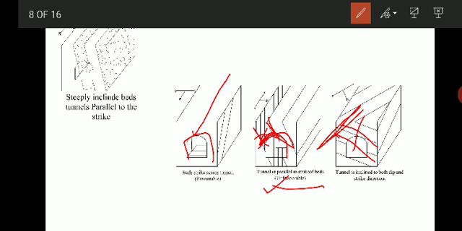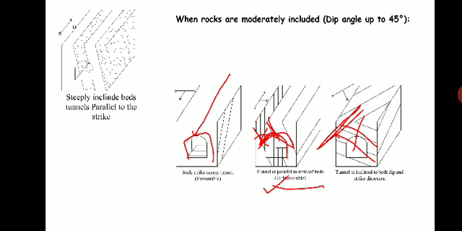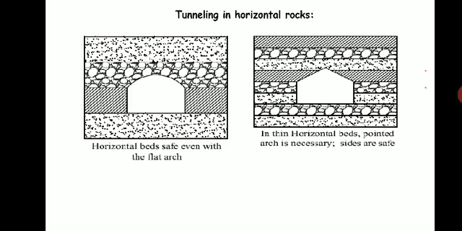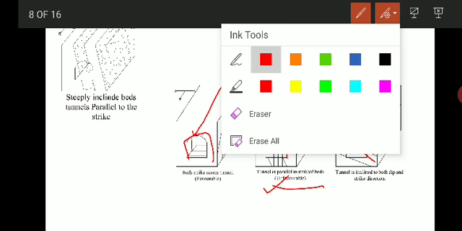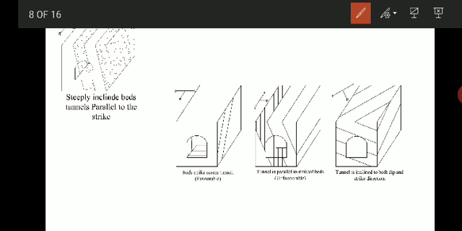So here, if the rocks are steeply inclined, in the first three cases the rocks are moderately dipping. The dip angle is up to 45 degree. But here the dip is more than 45 degree. The last image wherein you can see the dip is more than 45 degree.